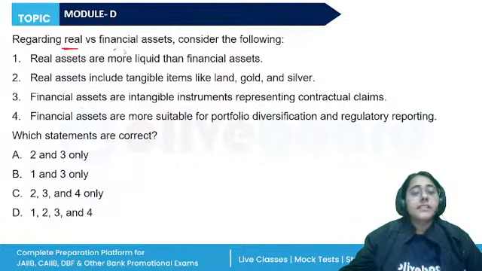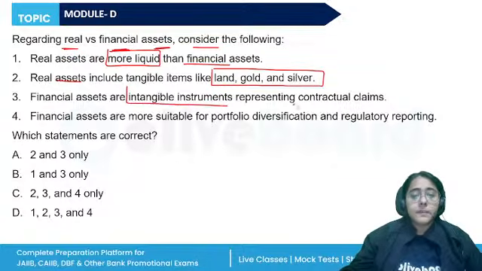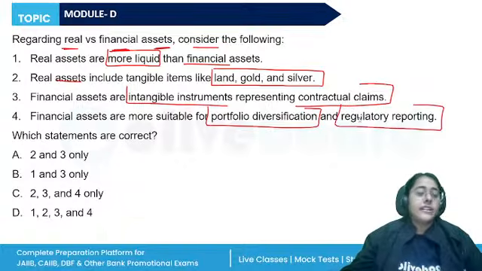Regarding real versus financial assets, consider the following. Real assets are more liquid than financial assets. Real assets include tangible items like land, gold, and silver. Financial assets are intangible instruments representing contractual claims. Financial assets are more suitable for portfolio diversification and regulatory reporting.